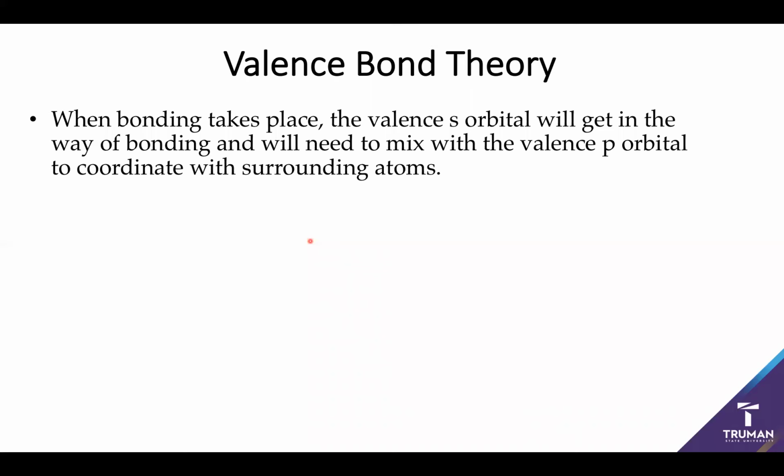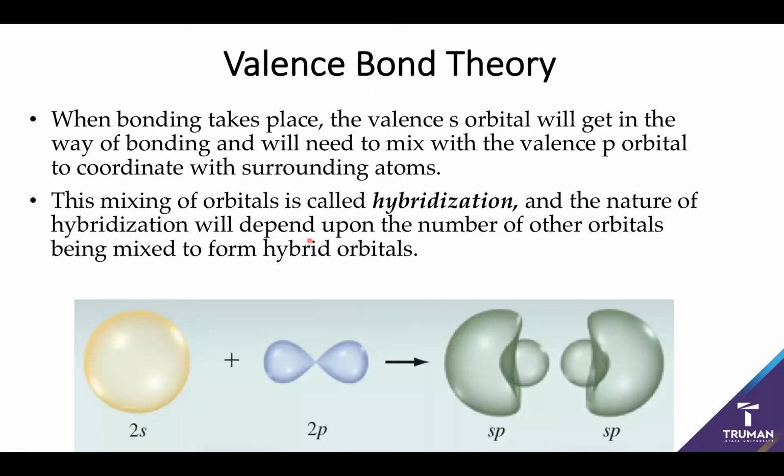However, as soon as I need to start bonding with more than one thing, or I've got extra electrons getting in the way, these orbitals are going to have to start mixing. So if I want to bond with something and I already have electrons in my s orbital, we're going to have to hybridize. This is essentially a way of talking about what happens when I mix my s orbital with my p orbitals.